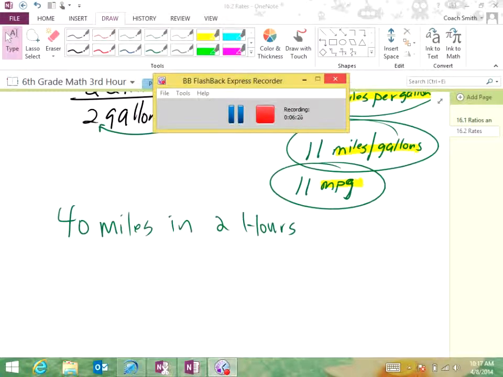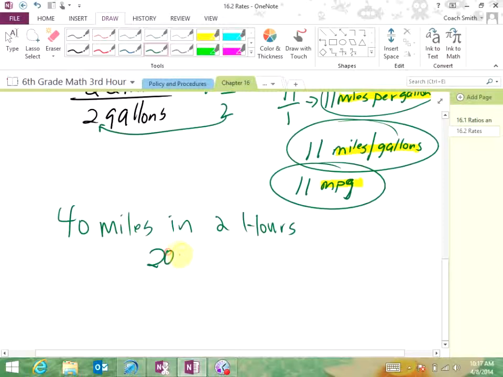All right, what do you think, Drew? 20 mph. mph, okay. One way we can put it, 20 mph means miles per hour.